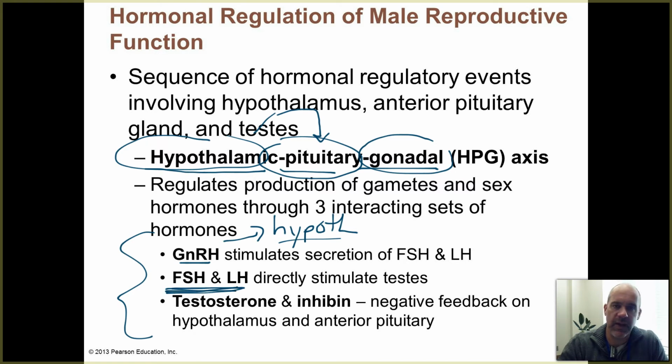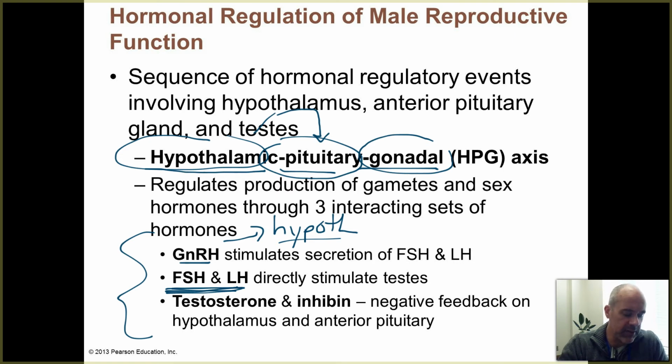And you may remember that the anterior pituitary secretes FSH, which stands for follicle stimulating hormone, and LH stands for luteinizing hormone. Both of these are going to be involved in sperm production in males and controlling egg development and the changes along the endometrium of the uterus in females.